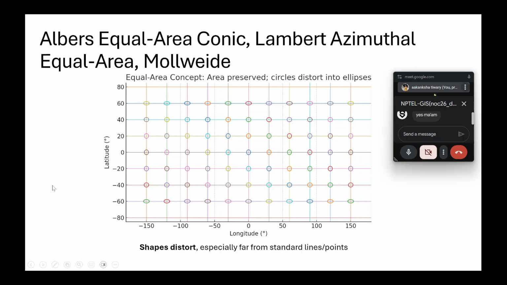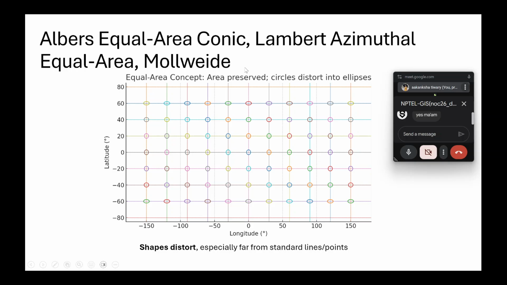Okay, now, because you are making a 2D map from a 3D map, in each projection there is going to be some kind of distortion.